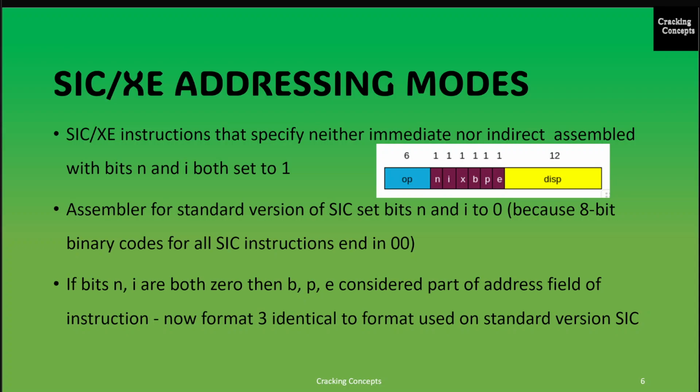Now this is because 8-bit binary codes for all SIC instructions end in 00. Now if the bits n and i are both 0, then B, P and E will be considered a part of the address field of the instruction. Now the format 3 is identical to format used on the standard version of SIC XE.